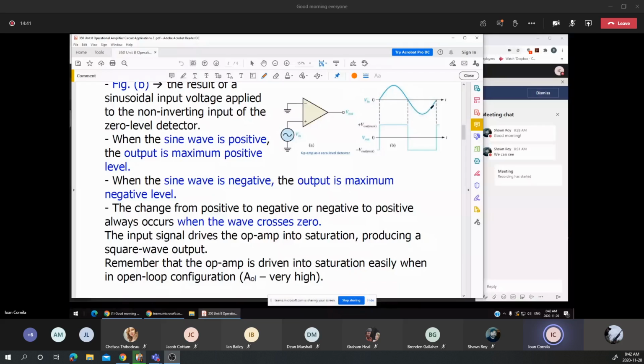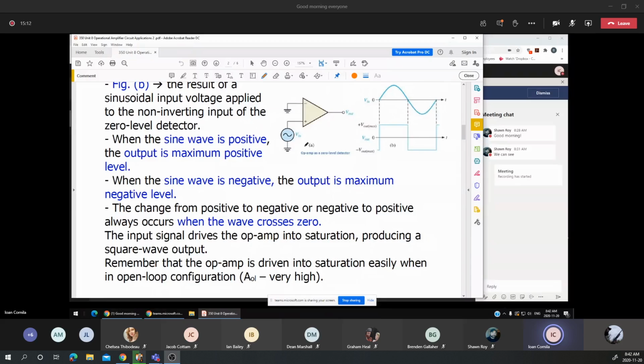Suppose that we want to convert, and that's a very practical application, a sine wave, or a waveform that has a variable AC voltage, into a square wave. That's actually a practical application in function generators. You notice that the function generator has the sine wave output and can have the rectangular waveform output.